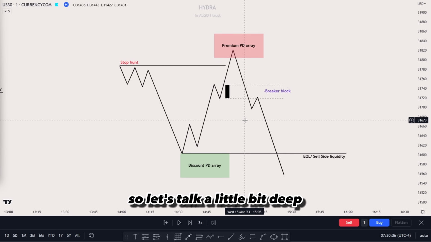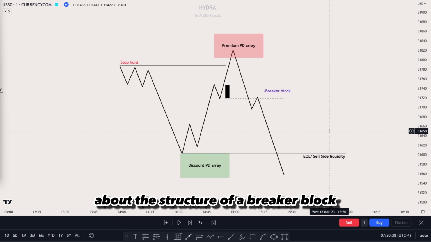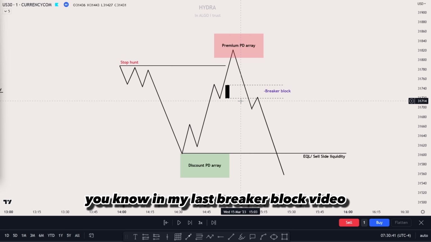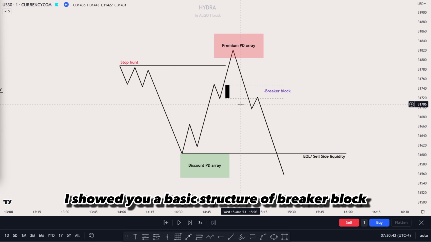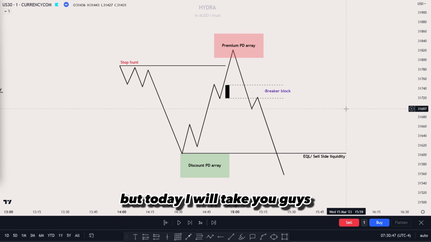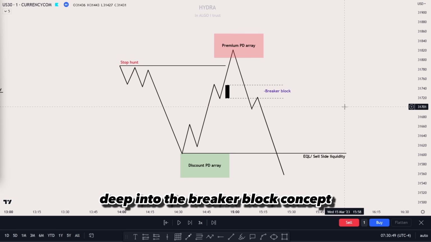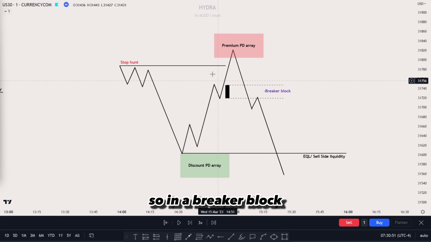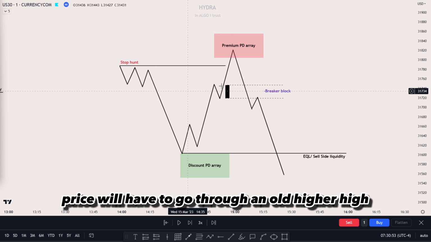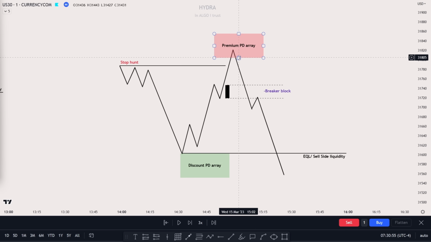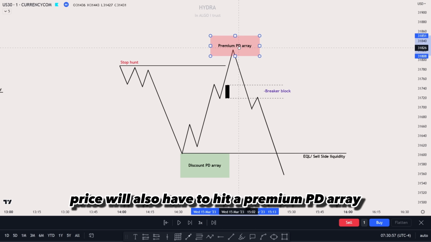So let's talk a little bit deeper about the structure of a breaker block. In my last breaker block video, I showed you a basic structure of a breaker block, but today I will take you deep into the breaker block concept. In a breaker block, we know that price will have to go through an old higher high, but at the same time, price will also have to hit a premium PD area.